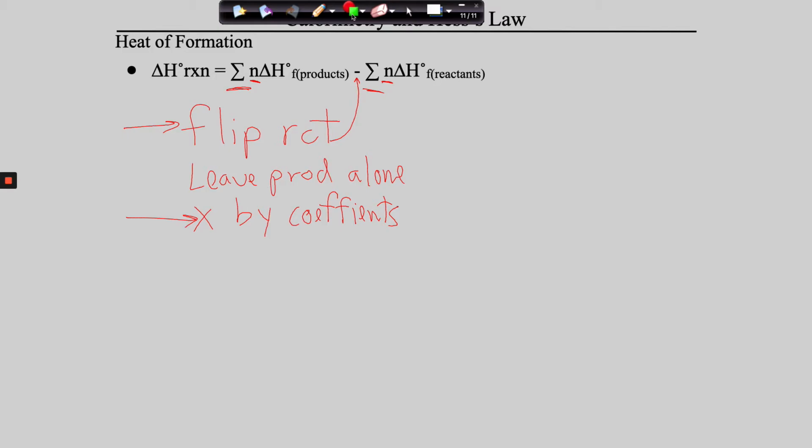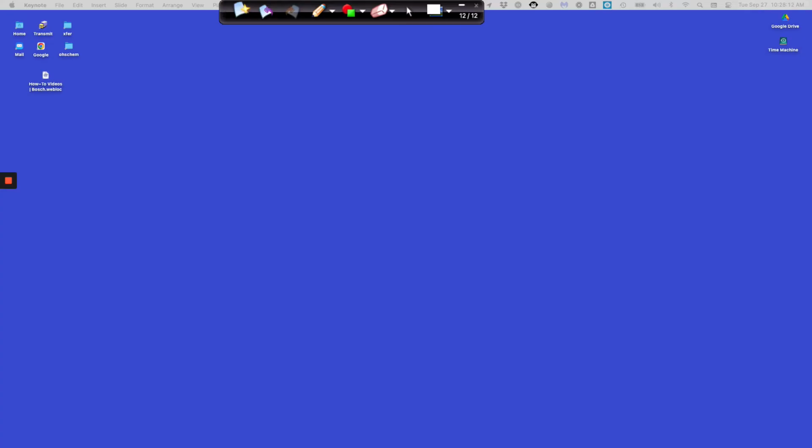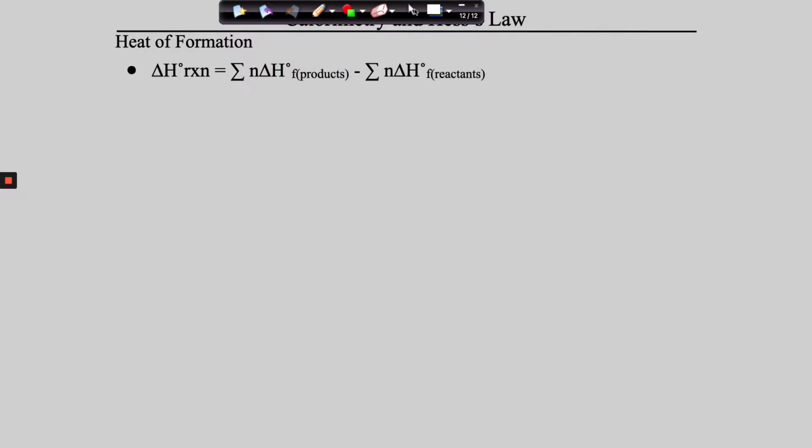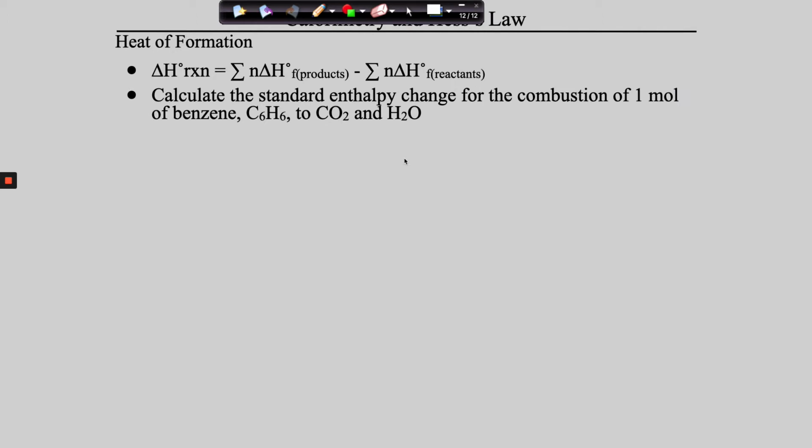So guys, let me show you how this works, and then we're going to call it a day. First of all, some ground rules. Let's do this together. It says, calculate the standard enthalpy change for the combustion of 1 mole of benzene to carbon dioxide and water.